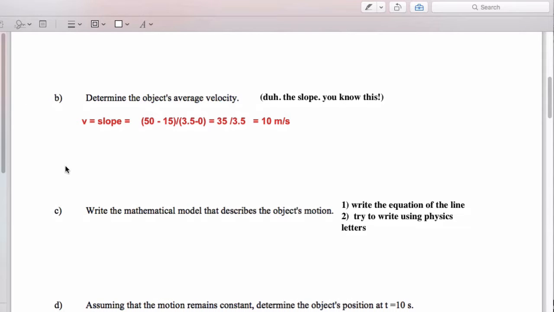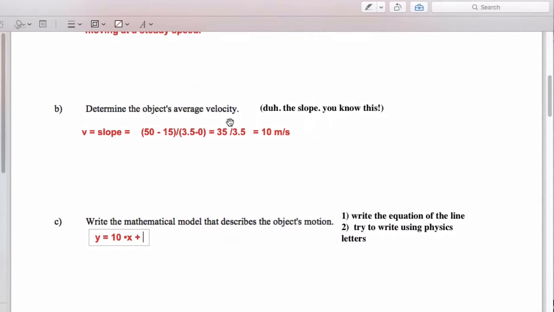Now we write the mathematical model that describes the object's motion. So we're going to use the slope-intercept form. So we would simply write y is 10 times x plus, and the initial position is 15. I'm just going to give you a preview.